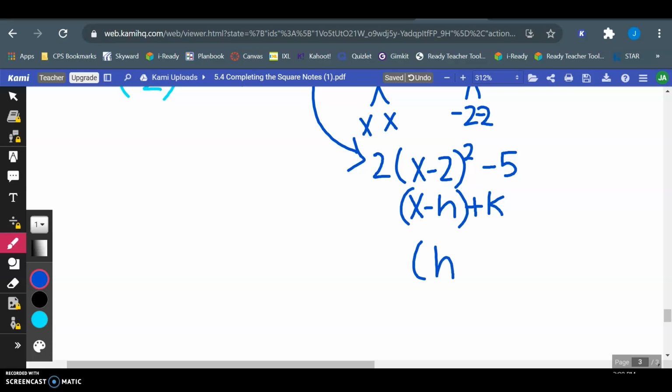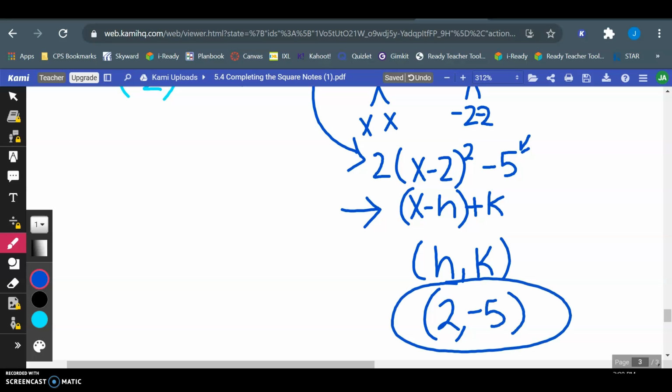And the vertex is the h comma k. So h, our generic here is a minus h. In our equation that we found was a minus 2. So h is just a regular 2. And then k is positive, and we figured it out to be a minus 5, so it's a negative 5 here. So the vertex of this parabola is 2, negative 5.